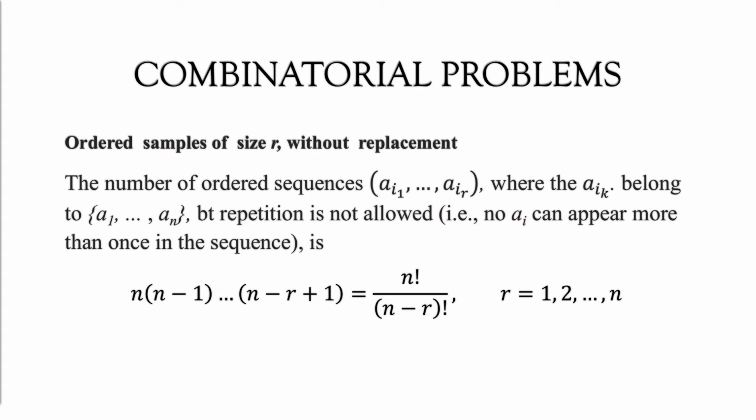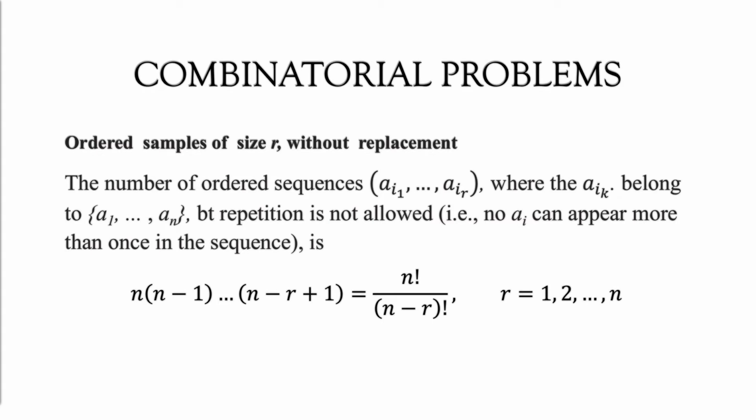In this case, we have n times n minus 1 up to n minus r plus 1, which is equal to n factorial over the quantity n minus r factorial, where r is equal to 1, 2, up to n.